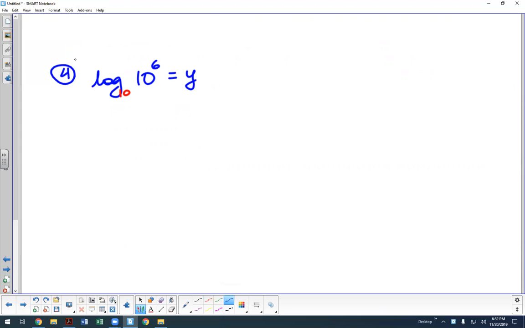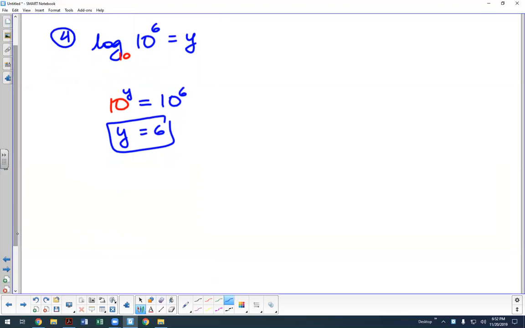When we convert this back into exponential form, it's going to be base 10 raised to the power of y equals 10 to the 6th. By that same one-to-one property for exponential functions, we get y equals 6. Questions on this one? Okay.